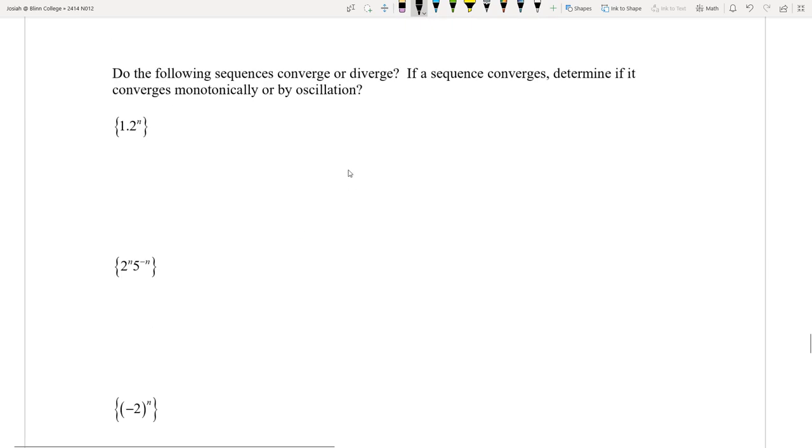So we apply that theorem. Do the sequences converge or diverge? If it converges, monotonically or by oscillation? And so for all of these, it's simply going to be a matter of looking at r. So r equals, in this case, 1.2, which means if we look at the absolute value of r, that's the absolute value of 1.2, greater than the absolute value of 1.